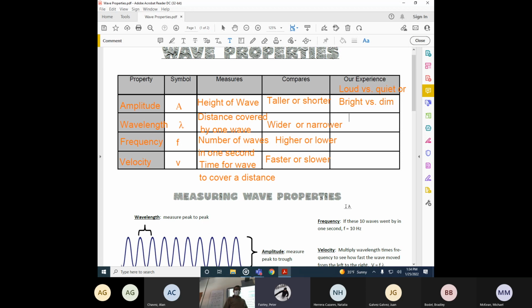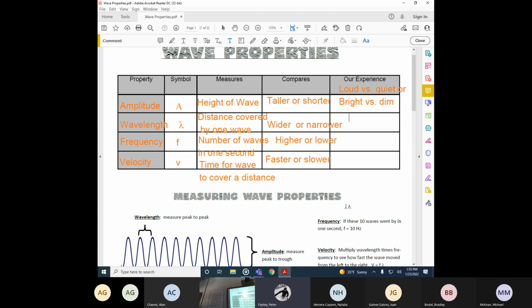Okay? How do you and I experience changes in the wavelength of a wave? It's really closely related to music. Oh, notes. Pitch. That's true for sound.